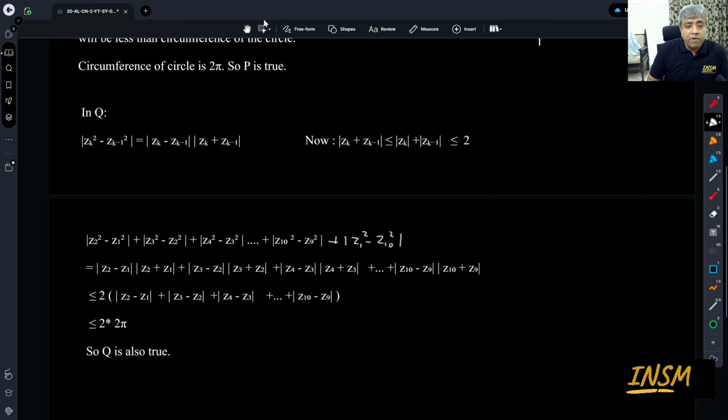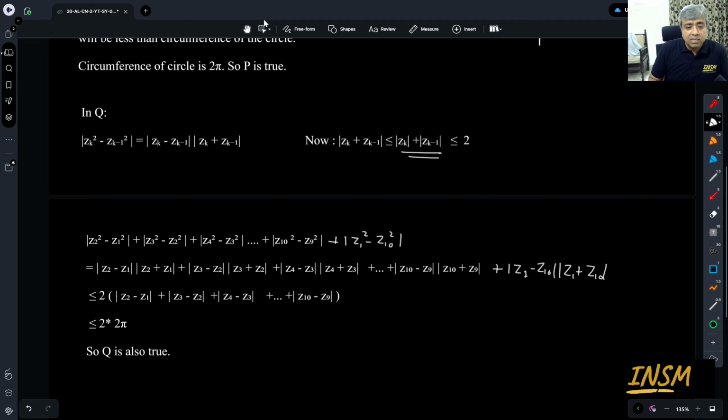So we factorize all these terms till the last one. The last one can be factorized and written as mod of z1 minus z10 multiplied by mod of z1 plus z10.